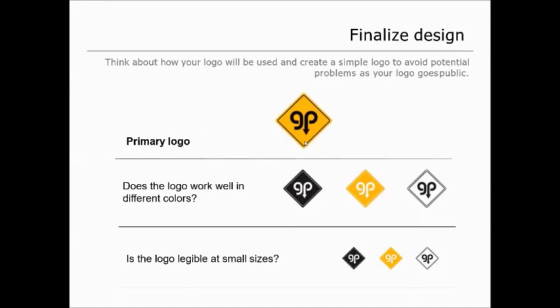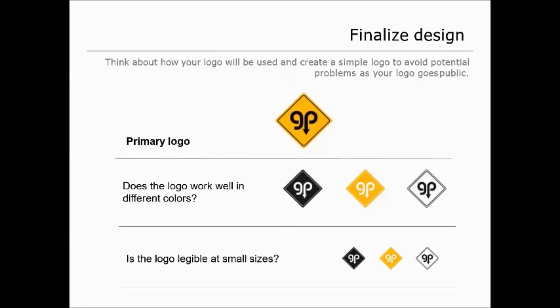So for the primary logo here, as you can see, it will now be a combination of black and yellow. Is the logo legible at small sizes? Of course, it must be. So this is your primary logo. Does the logo work well with different colors? You have to try that. And what about the resolution of the logo?